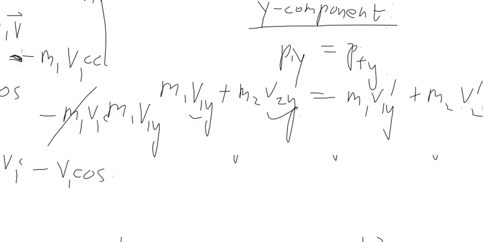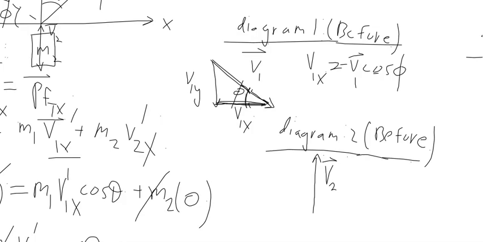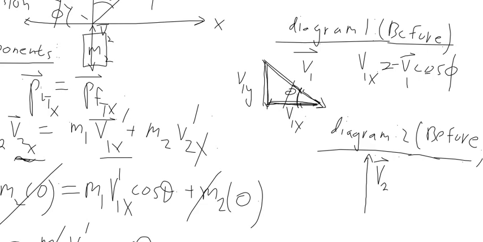It corresponds to diagram 1, the vector v1 before impact. So v1y is equal to v1 sine phi, because it's the opposite over the hypotenuse.